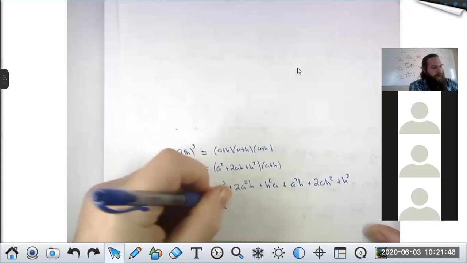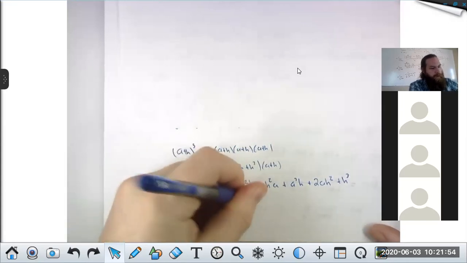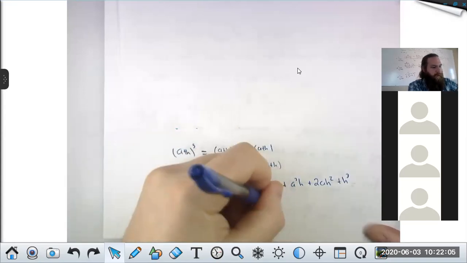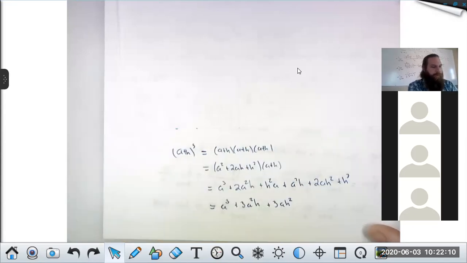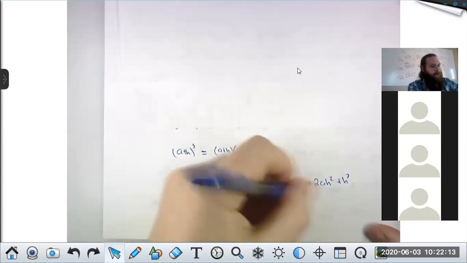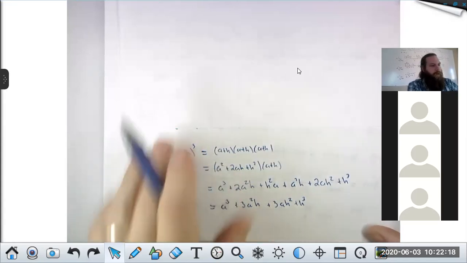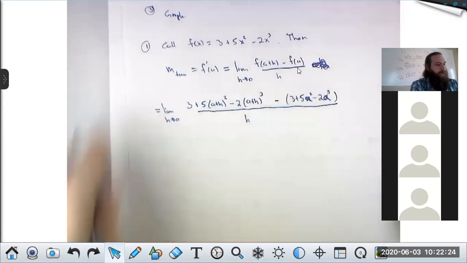So this is a cubed plus, I've got 2a squared h there and 1a squared h here, that's 3a squared h. And then I've got 1h squared a here and 2ah squared here, that's 3ah squared. And then I've got just the h cubed. You can jump straight to this with Pascal's triangle if you know what that is. But that's going to be this piece. Everything else here is fairly easy to deal with.